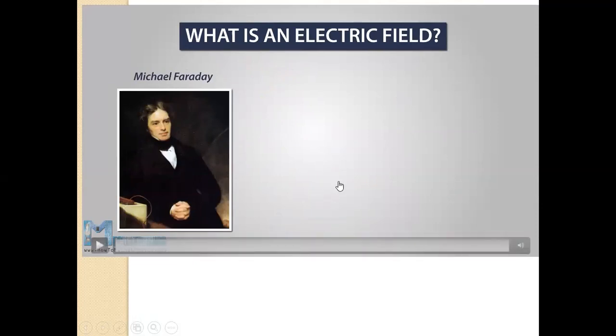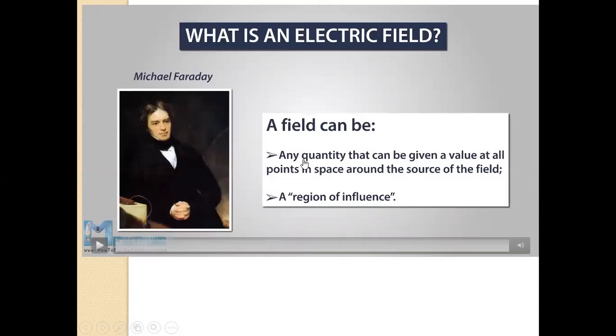So according to Michael Faraday, what is an electric field? It can be any quantity that is given a value at all points in the space around the source of the field. It means around the source there is a field, and there is some value. If we place any other charge at any point in the field, there must be some value at that point.